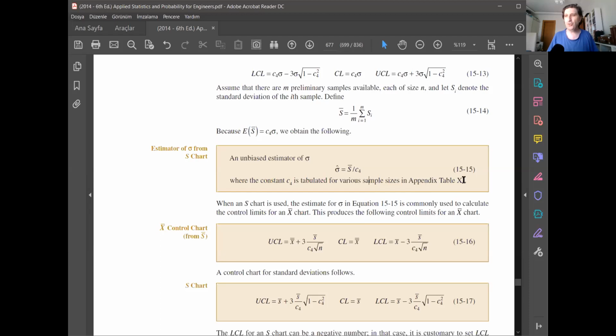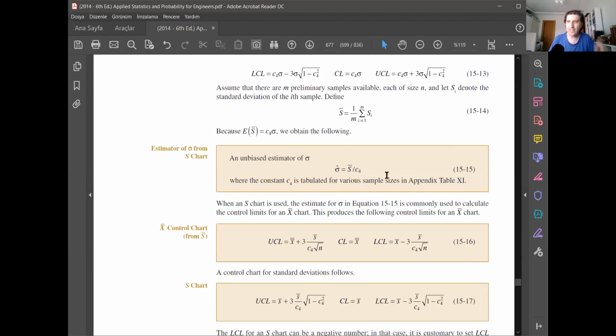They are in those tables. I'm going to show this table in a minute also. We divide the sample standard deviation value by some constant. That's an interesting thing to determine the population standard deviation value.